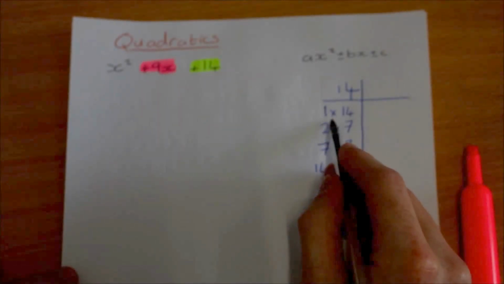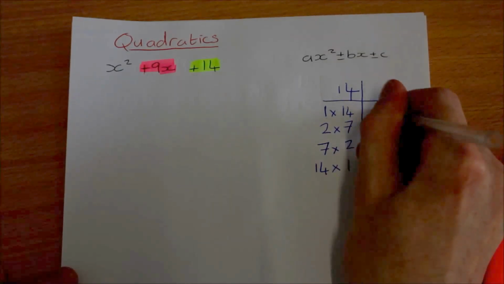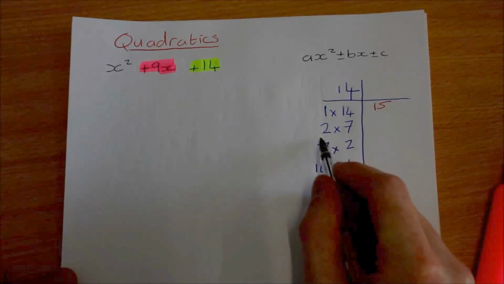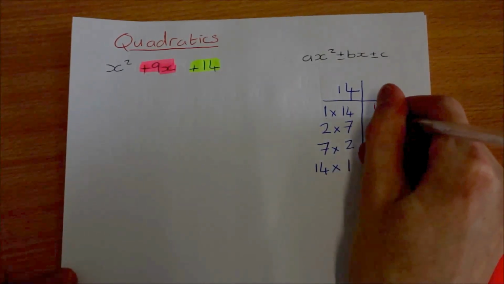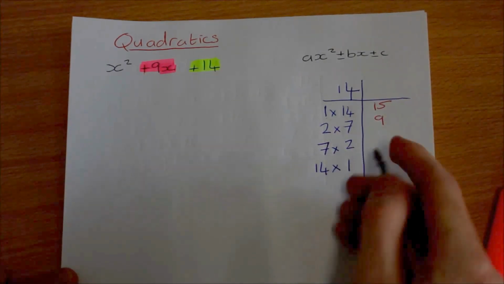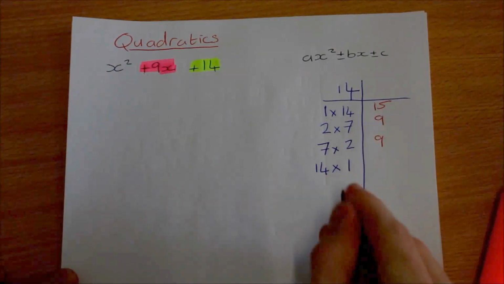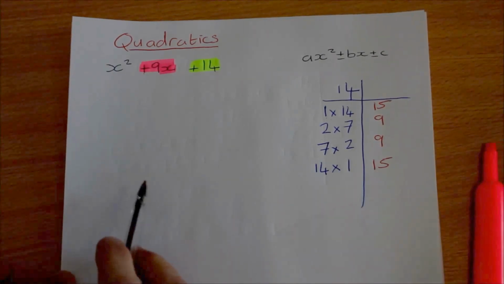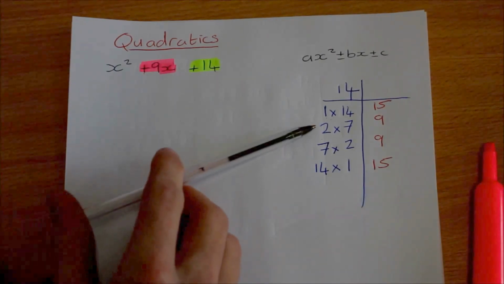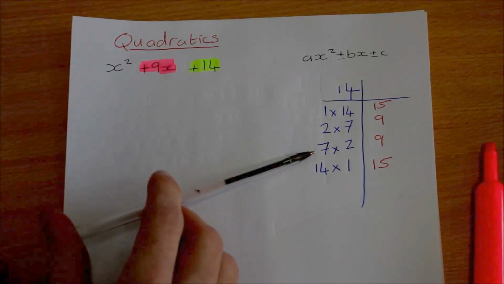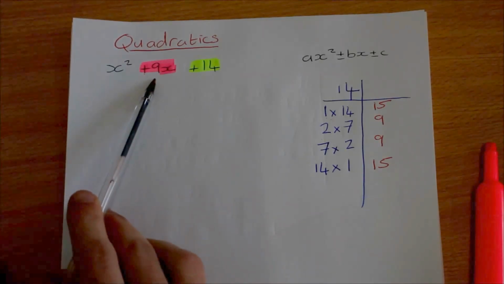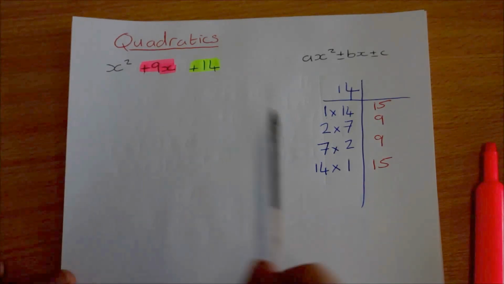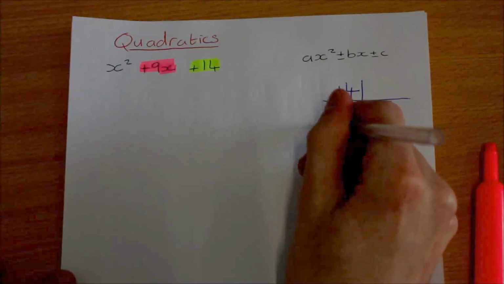So for example, 1 plus 14 is 15. 2 plus 7 is 9. 7 plus 2 is 9. 14 plus 1 is 15. So obviously, these two factors of 14 will add up to 9, plus 9. So we will choose the first one here.